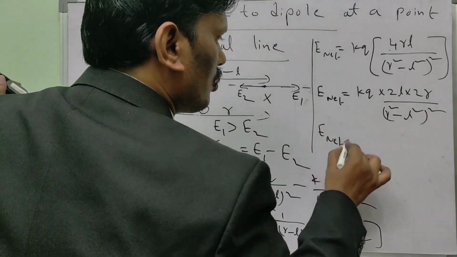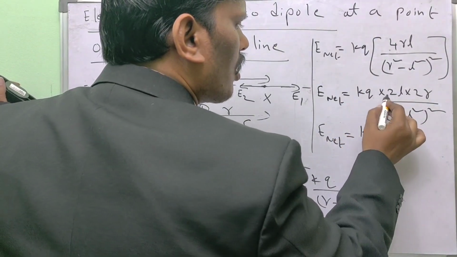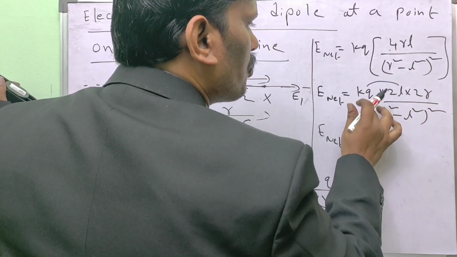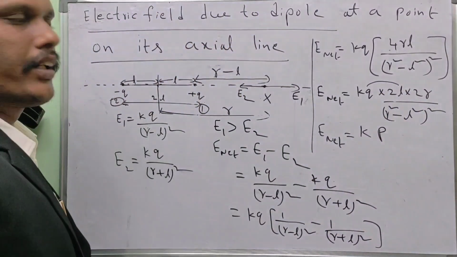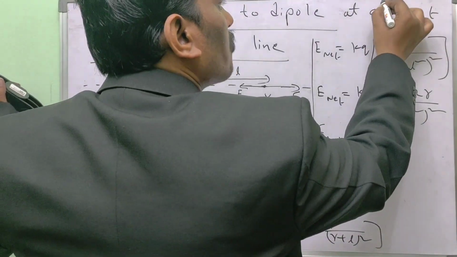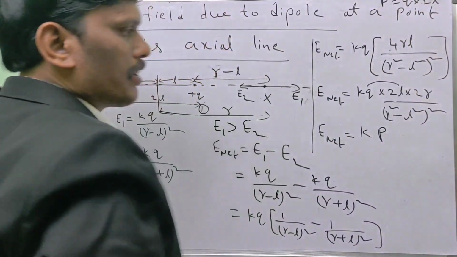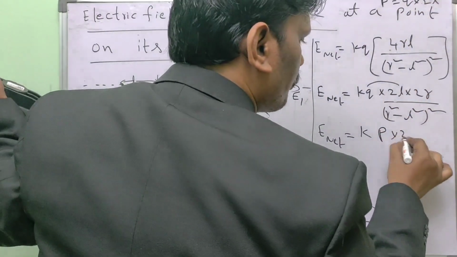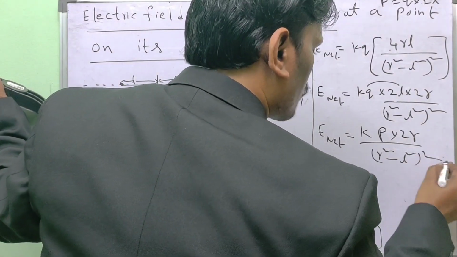Then E net is equal to, observe here, K into Q into 2L. Q into 2L, that is the dipole moment. We call Q into 2L the dipole moment. Dipole moment P is equal to Q into 2L. Remember, my students. And this is 2R by (R square minus L square) whole square.